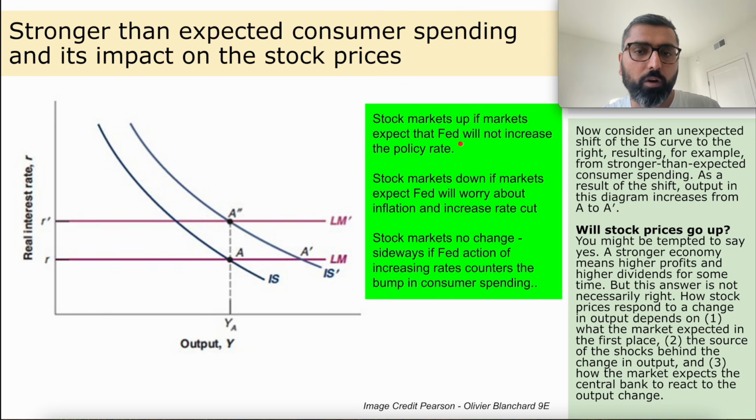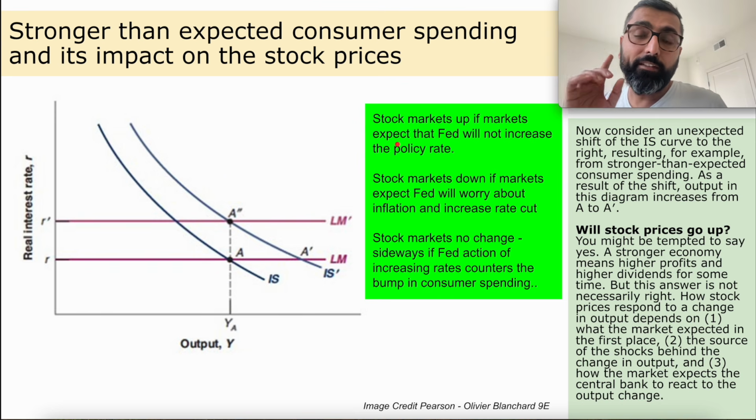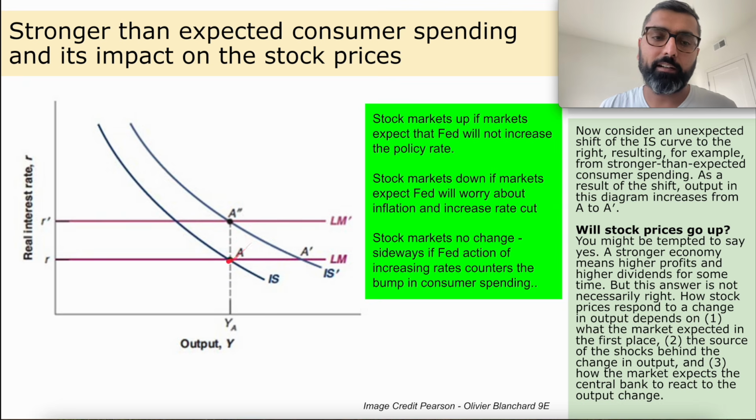So stock markets would go up if the expectation was that the Federal Reserve will not increase the policy rate. Remember, if the consumer spending goes up, the Federal Reserve could see that as a sign of excessive activity, output higher than potential. And if the stock markets go up, that means the Federal Reserve will not increase the policy rate.